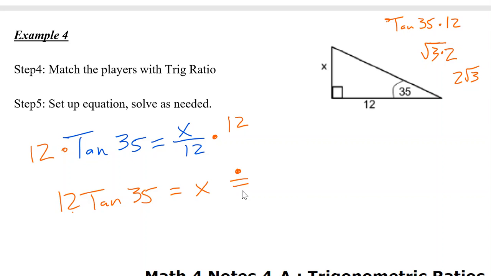Now, this is the point where we run into people that, if they're not careful, are going to get every blessed problem wrong for the entire day because they forgot to check their mode button. Your mode button on your calculator is supposed to be degrees, not radians.